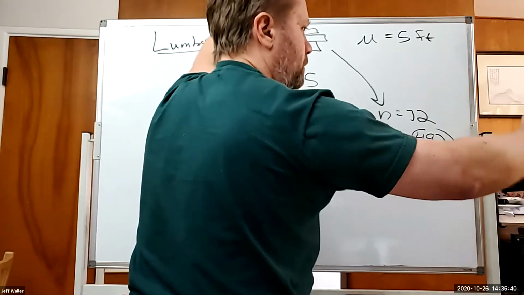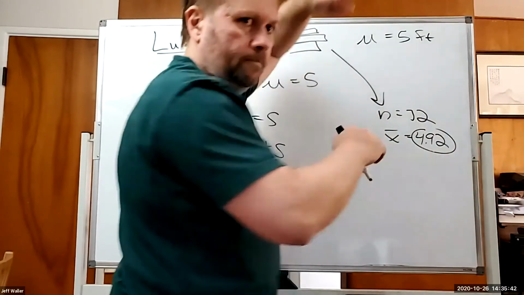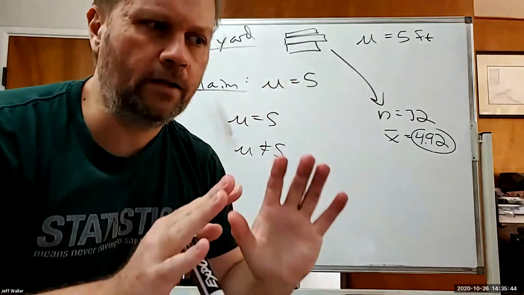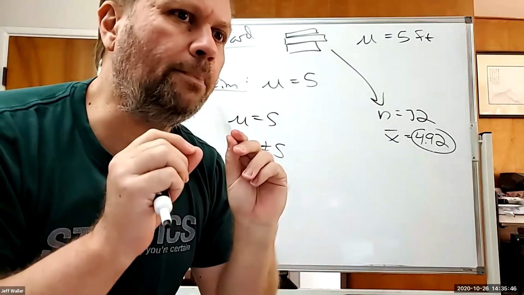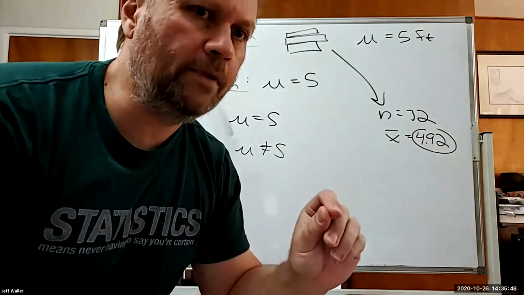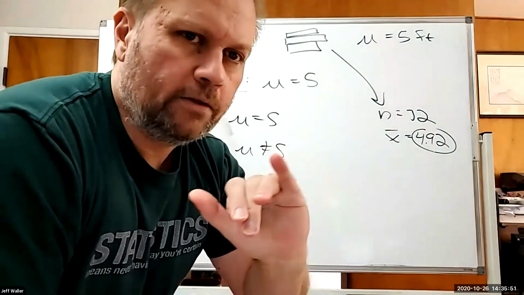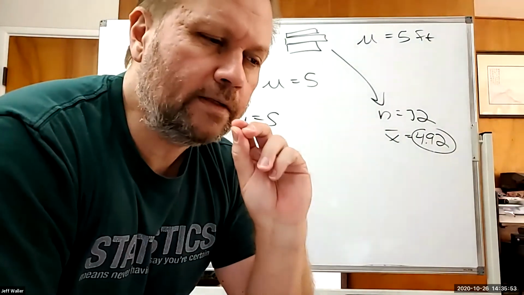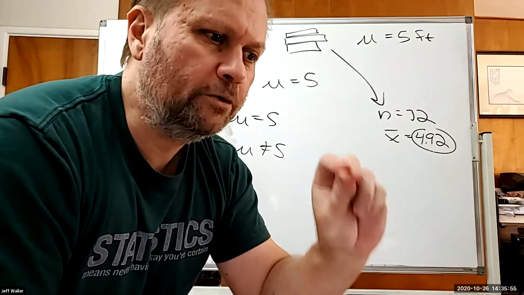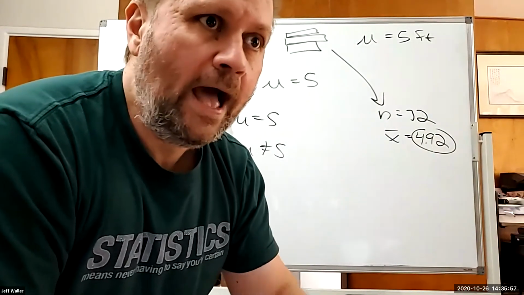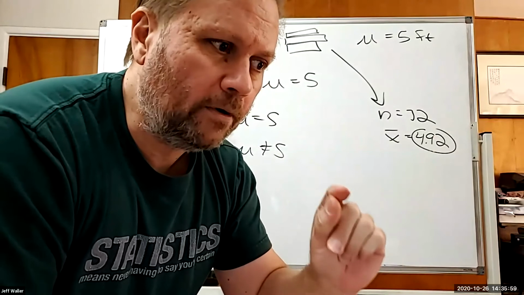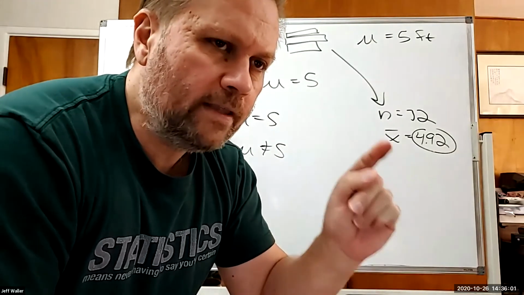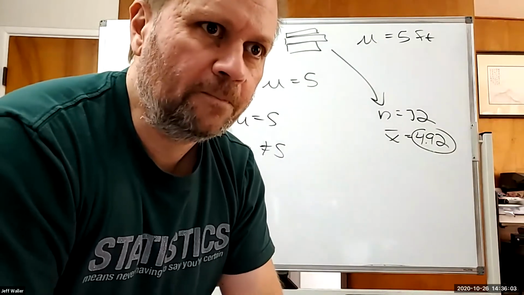If I would have just picked some more, maybe I would have gone up. I cannot prove something without looking at all of it. I can't use a sample to prove something equals something. I can use a sample to show evidence that it doesn't equal something.